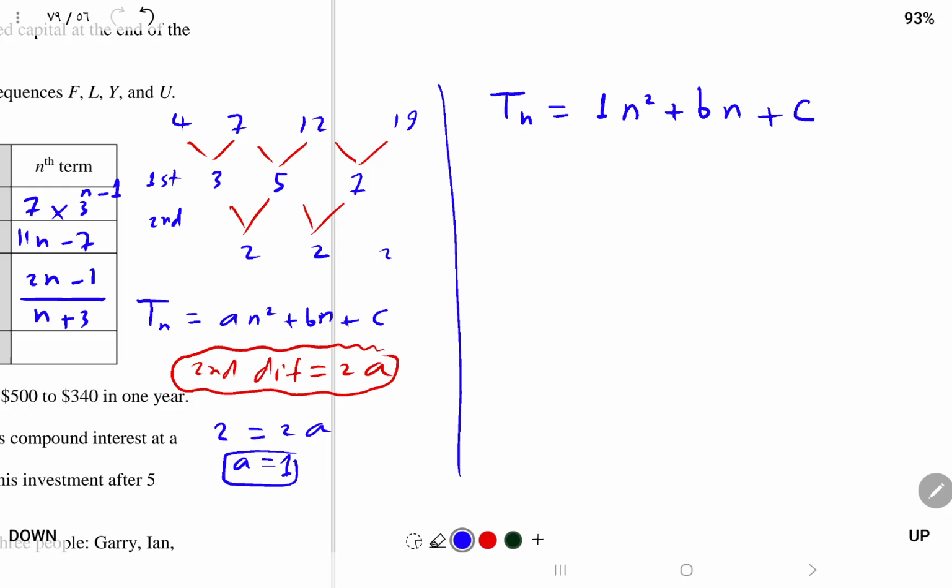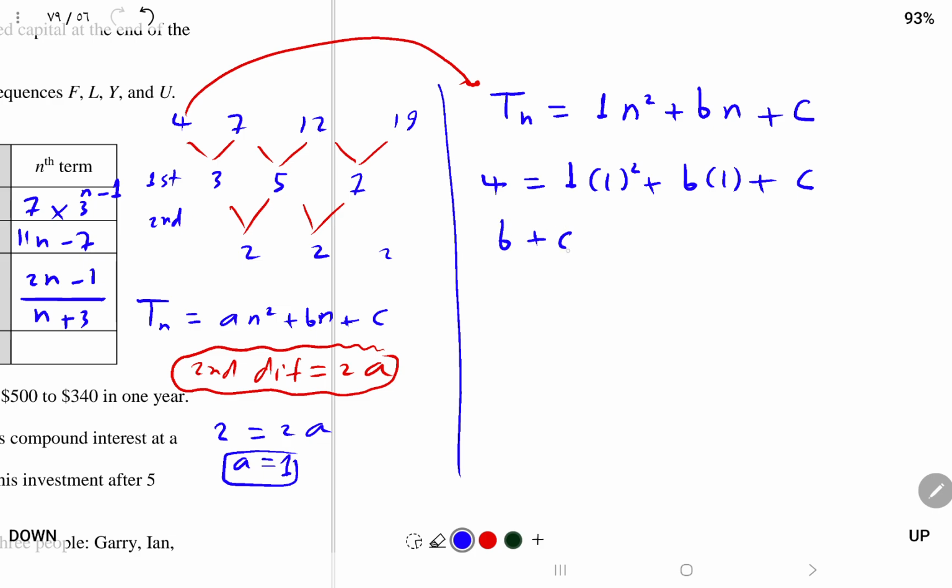For example, if I choose the first term and place it here, so 4 is equal to 1 times 1 squared, because this is the first term, plus b times 1 plus c. And if you reduce this equation, you can write it as b plus c is equal to 3.